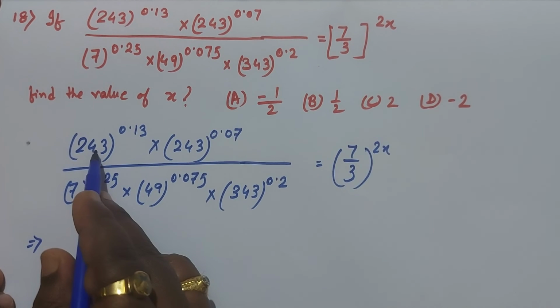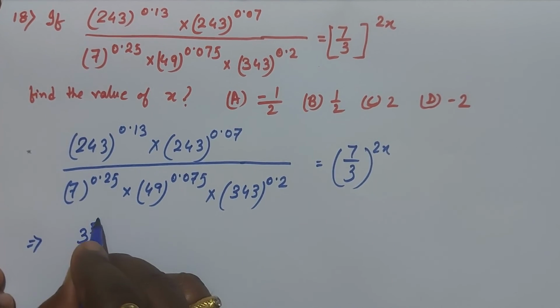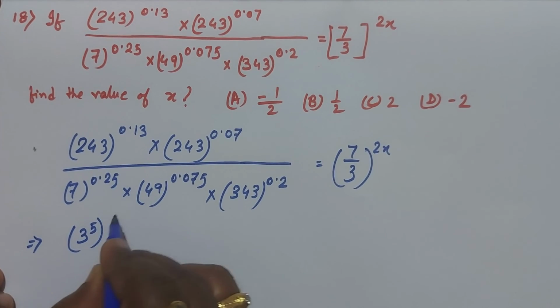Now 243 is equal to 3 to the power 5, this is also 3 to the power 5, I am skipping the line.